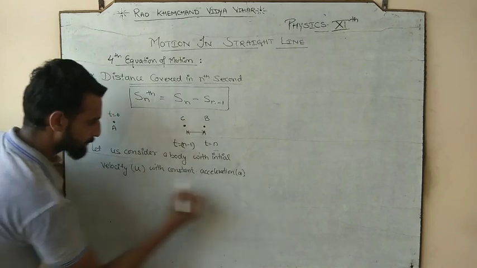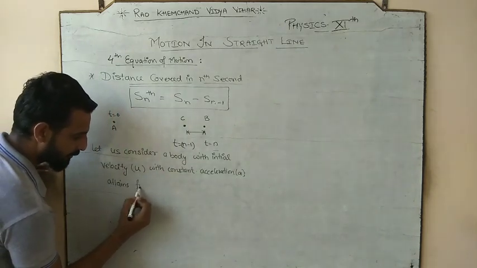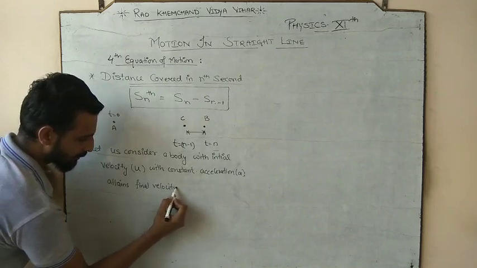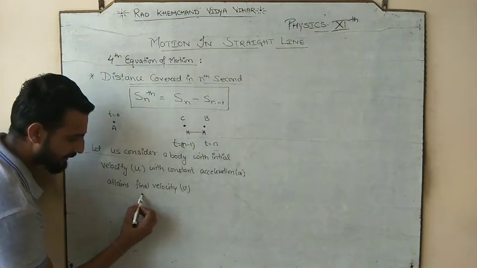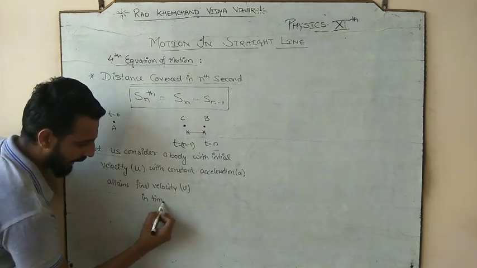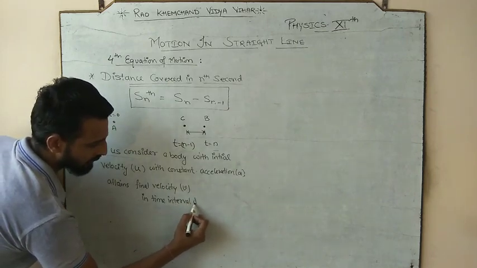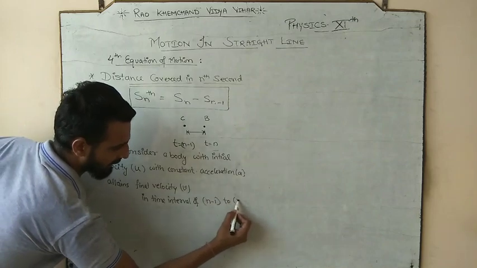a, attains final velocity v in the time interval of n minus 1 to n.